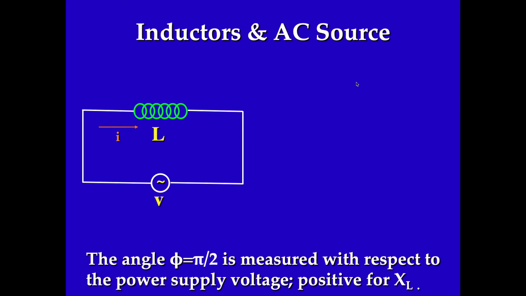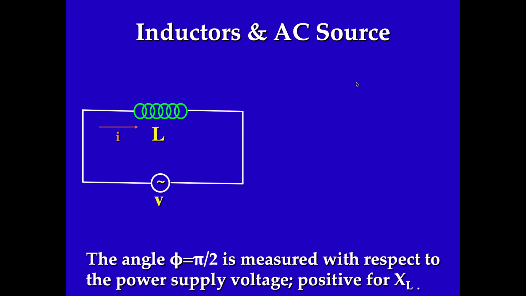The reason I introduced this is that in order to look at circuits that have inductors and capacitors, we have to draw the phasors. We can actually get the information from the circuit a little bit easier, as opposed to solving equations.